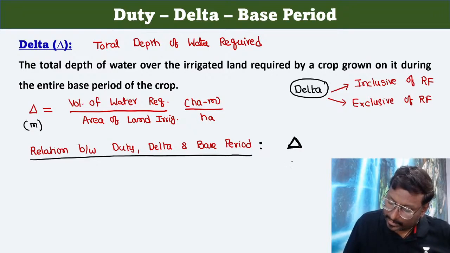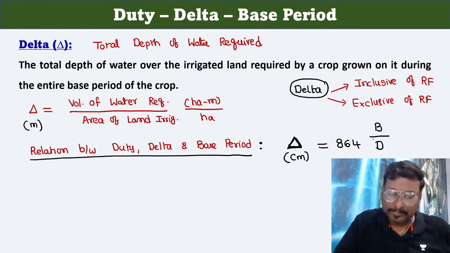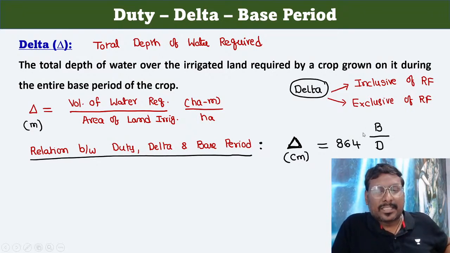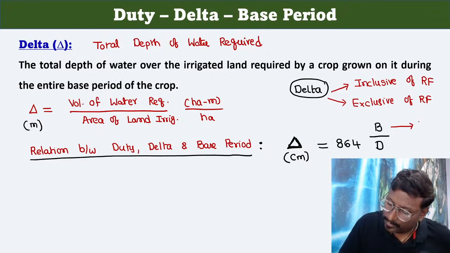Please take delta in centimeter: delta equals 864 B by D. Delta in centimeter, B in days, duty in hectare per cubic.